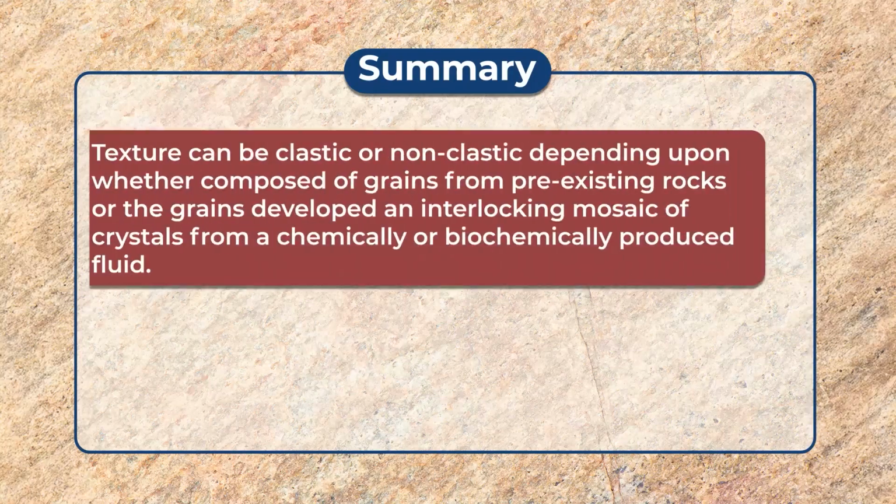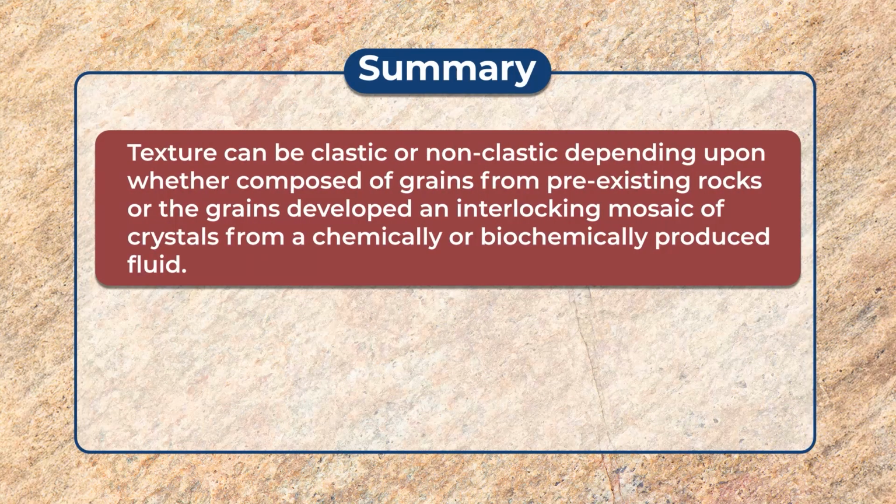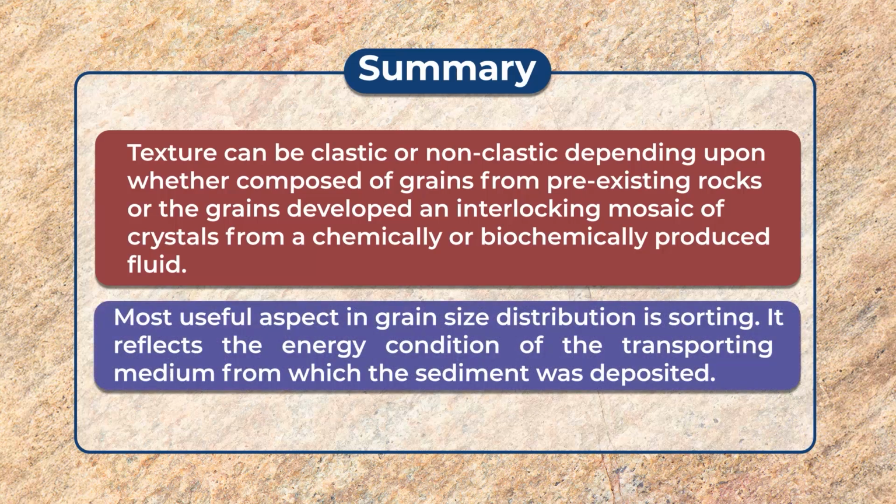Texture can be clastic or non-clastic depending upon whether it is composed of grains from pre-existing rocks or the grains develop an interlocking mosaic of crystals from a chemically or biochemically produced fluid. The most useful aspect in grain size distribution is sorting.